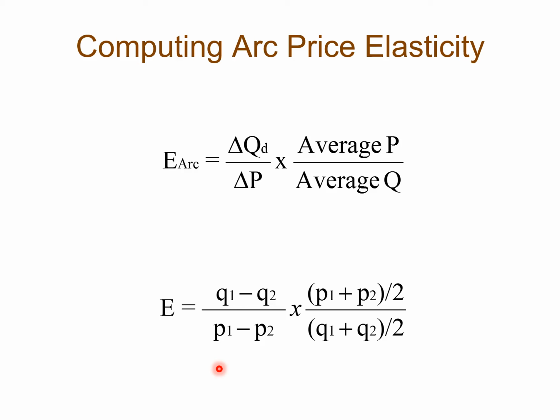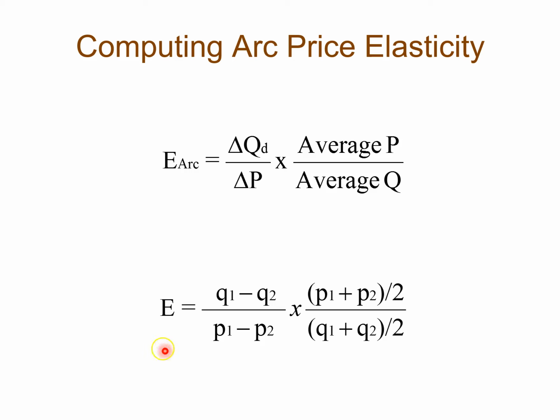In other words, the change in P, percentage-wise, differs depending upon which direction you're going, from P1 to P2 or from P2 to P1. This equation cancels that out. When you use this equation, it doesn't matter if you start from $10 and go to 11 or from 11 to 10, you're going to get the same number.